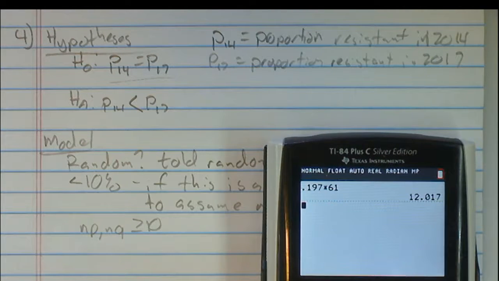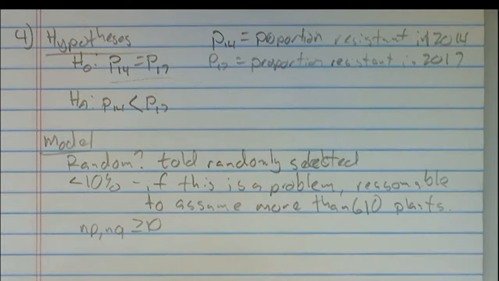And what's the other one? 0.385 times 52 is 20. So we have 32 out of 61 plus 52 is 113. So 28% overall is what we're going to guess.